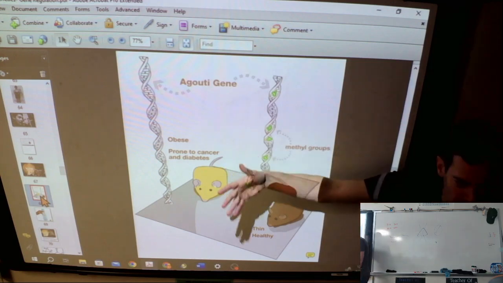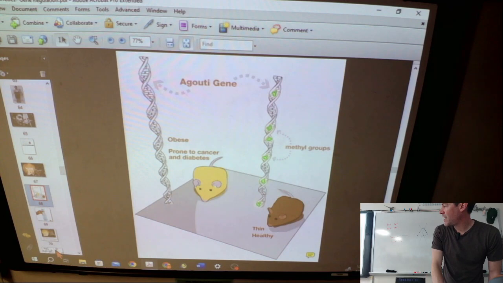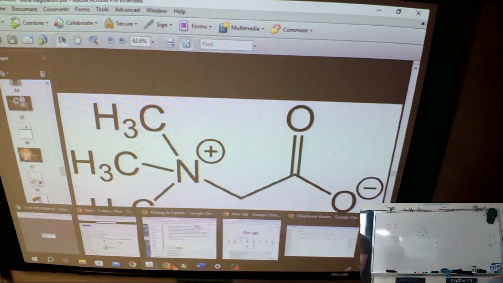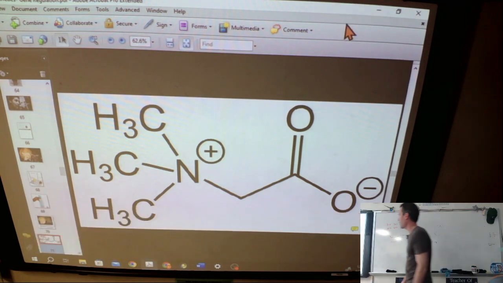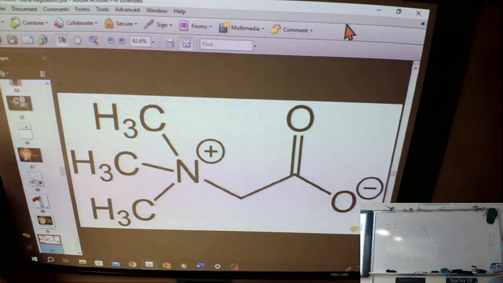Yeah, it was knocking off the methyl groups. Here's what betaine looks like. CH3, CH3, CH3. So what is betaine and folic acid and B vitamins doing? Adding the methyl groups back on.